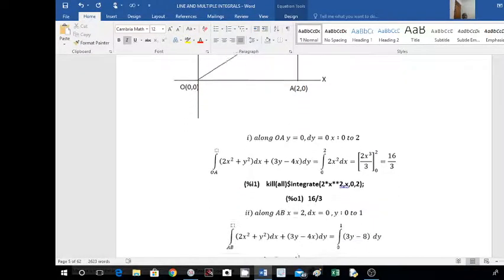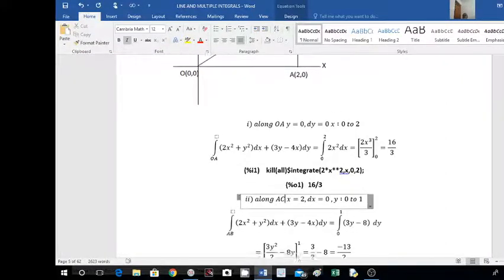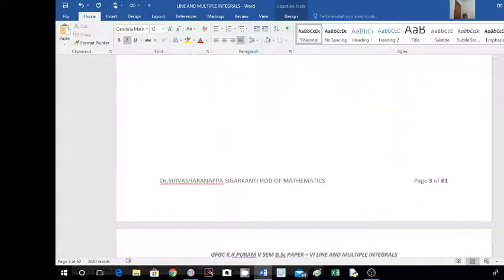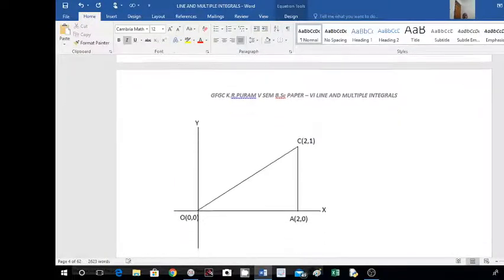I will make this point C. Along AC, what is the equation of AC here? This is a line parallel to the y-axis, therefore the equation of this line is x equal to 2.